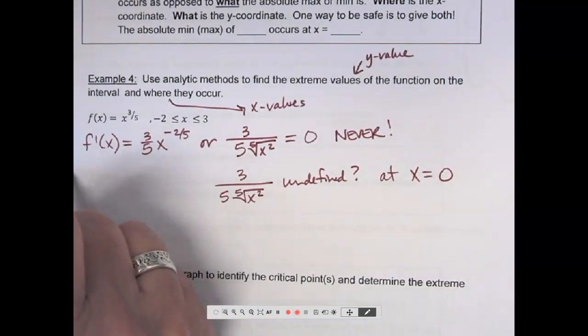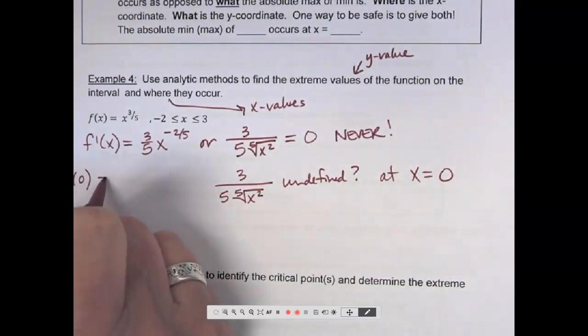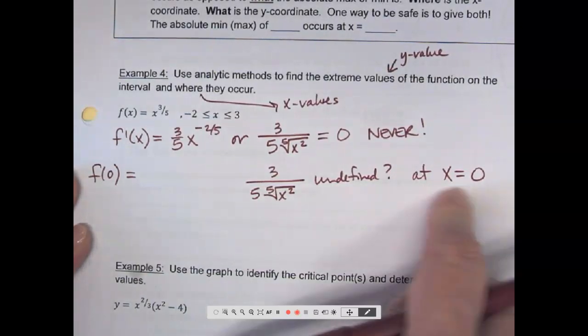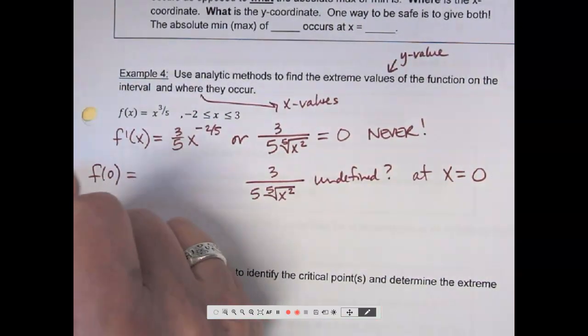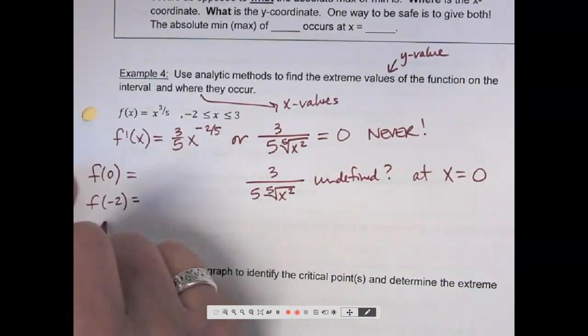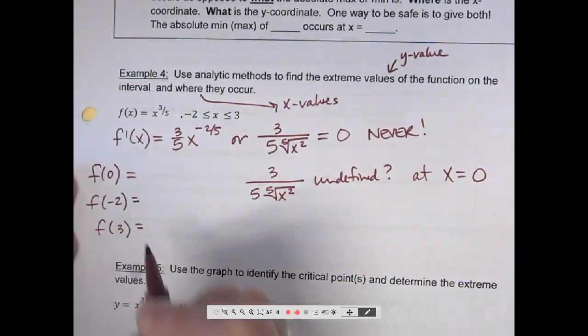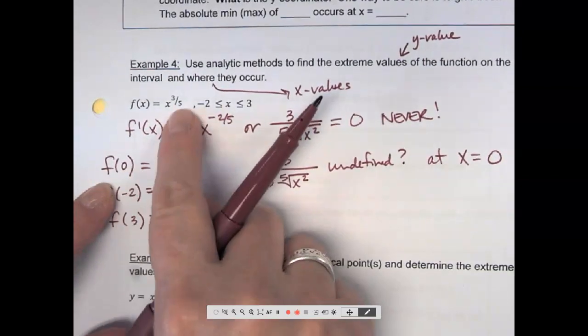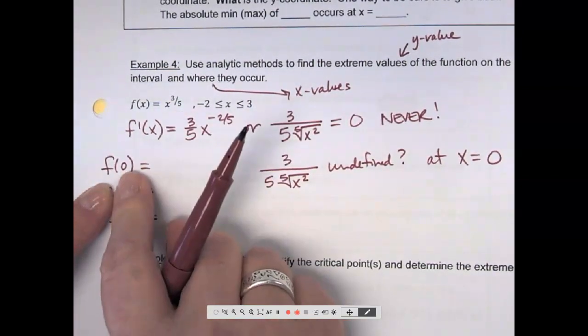So what I have to do is figure out what is the y value at all points of interest. What's the y at 0? What's the y at -2? And what's the y at 3? And then we'll literally just look at those 3 y coordinates to see which is the highest and which is the lowest. Okay, so now when I'm subbing in, I'm going back to the original.